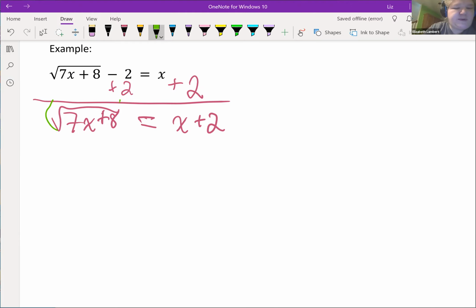I always do this by writing my lovely parentheses. Safe math. When in doubt, write them anyway. The left side, square root and square are going to cancel, and we now just have 7x plus 8. And on our right side, x plus 2 whole thing squared is a FOIL or a box method.